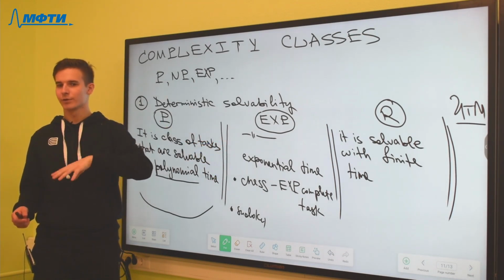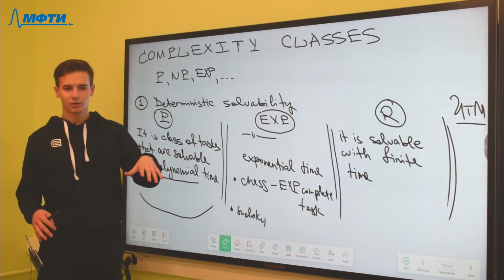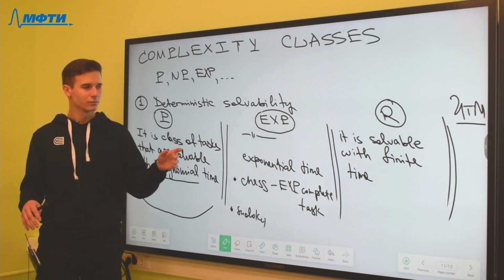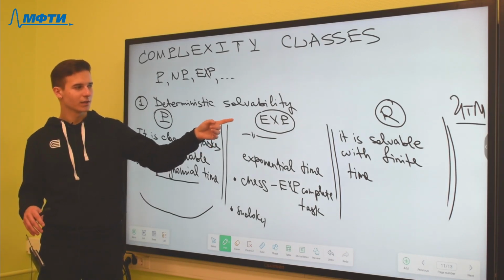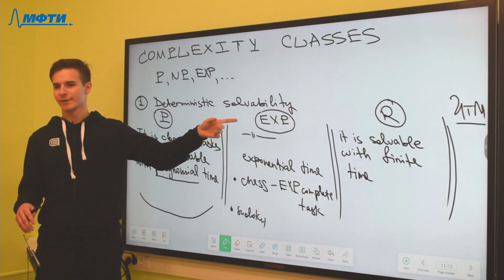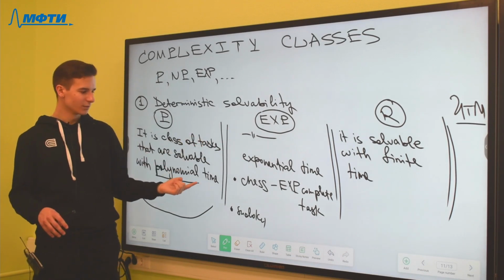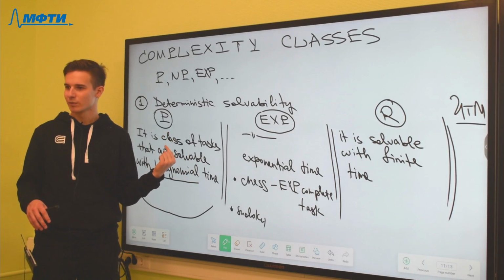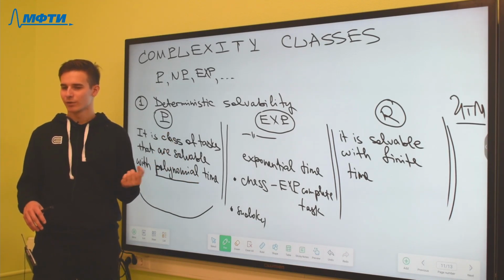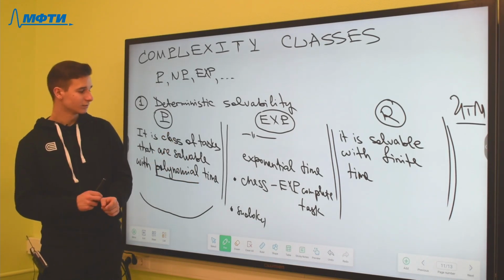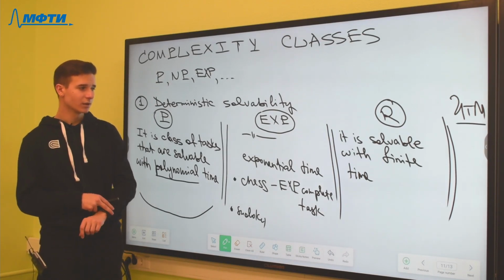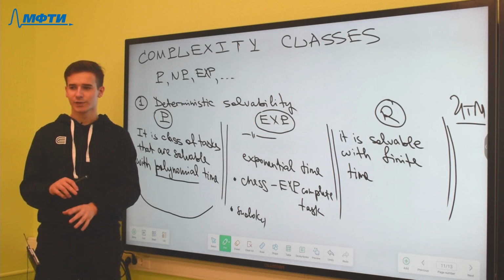So before you try to implement some code, ask: can we solve this task in polynomial time? Can we solve it in linear time or square time? Because if we can't, then we need to solve it, for example, approximately.